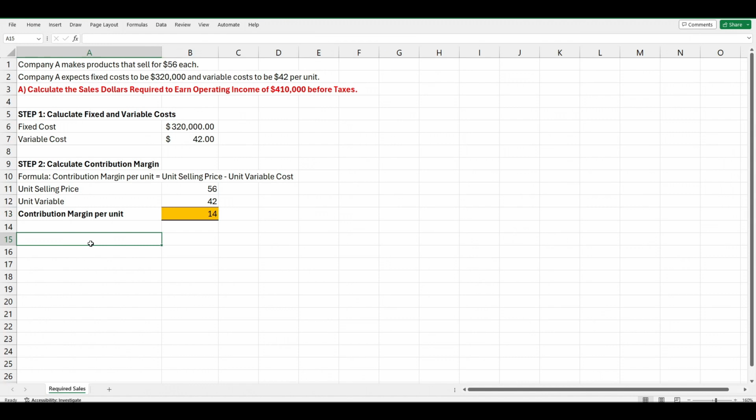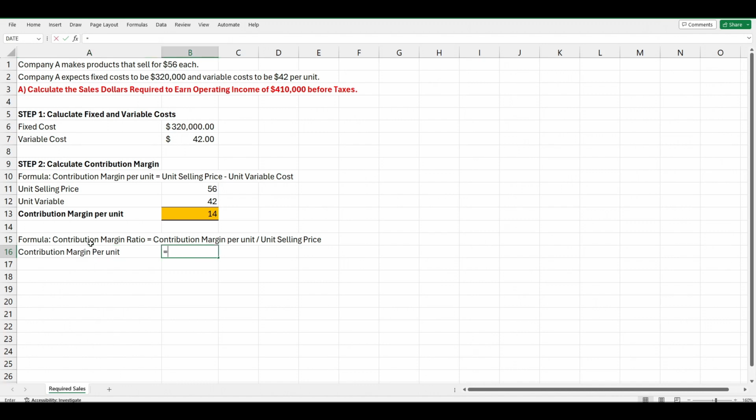So now we want to calculate, I'll write the formula, our contribution margin ratio. This is our contribution margin per unit divided by unit selling price. So our contribution margin per unit is what we just calculated. So once again, you just go in the cell that you want the answer to be in. You click equal sign and then click your answer. So in this case 14, and it copy pastes the answer.